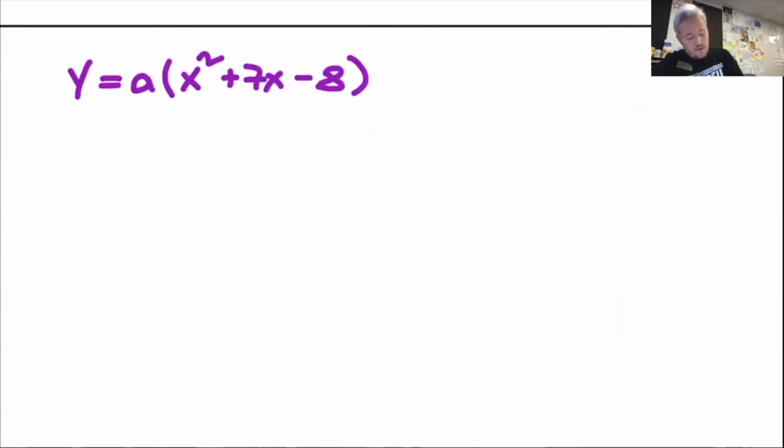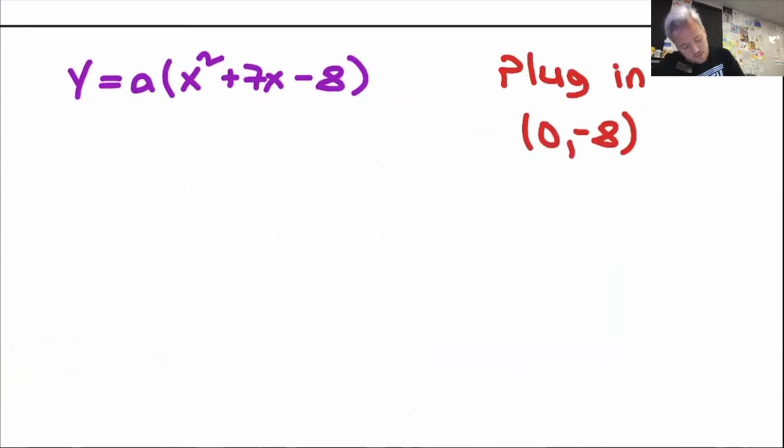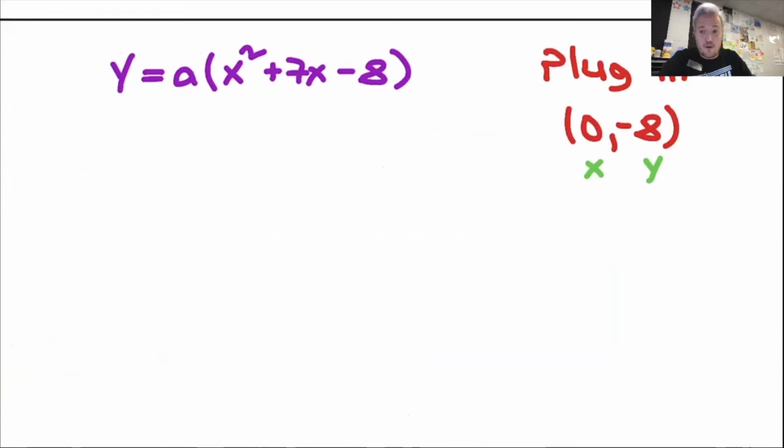All right. So I'm going to make a little note. Plug in (0, -8). So I'm going to plug those in for x and y respectively so that I can solve for the a value.